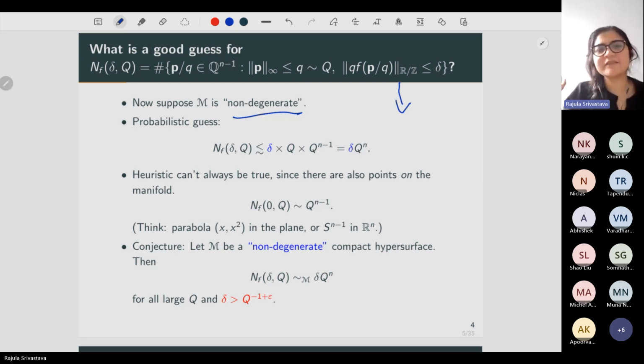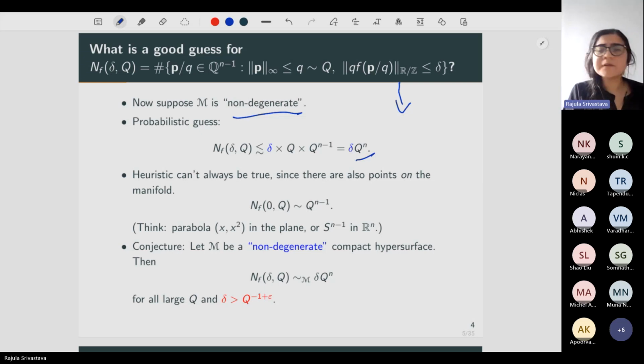So if everything behaves randomly, then I would expect that the total number of points we can catch is q to the power n, but if things are random and I'm in a delta neighborhood around the surface, I should only catch a delta proportion of the points that I would otherwise get. And that's why a good guess for a non-degenerate hypersurface would be, probabilistically speaking, that there should be delta times q to the power n many points of this kind in a delta neighborhood of my hypersurface.